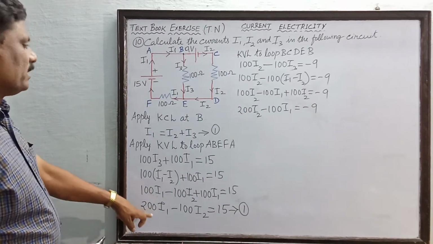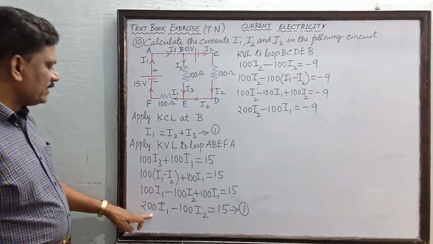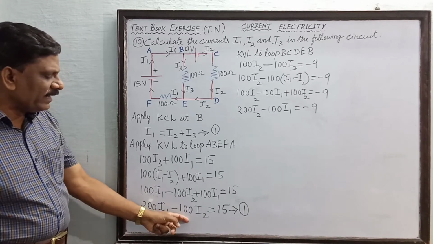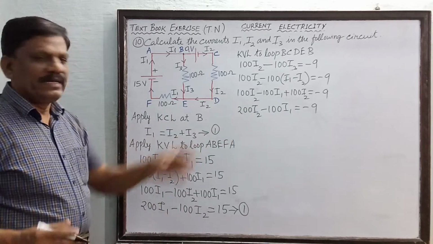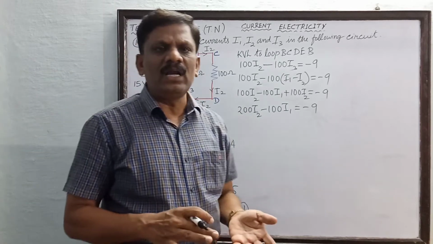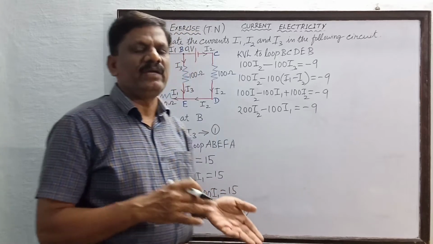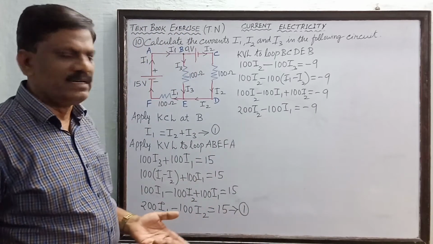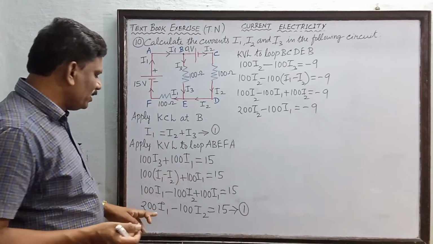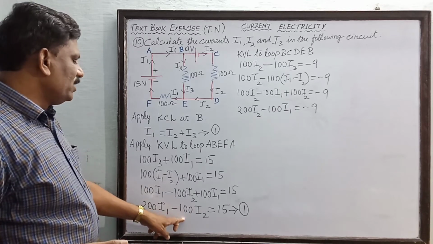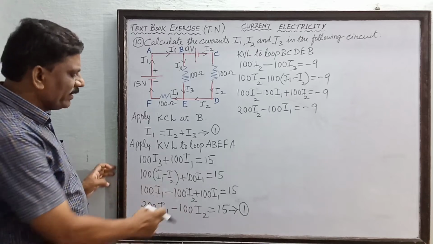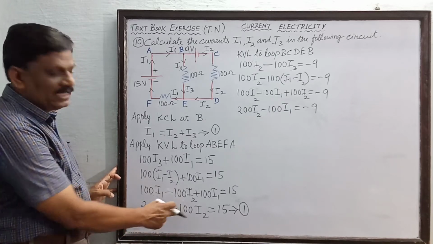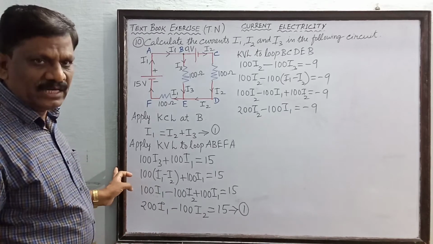So here, this equation here, you will see that 200 I1 minus 100 I2 is there. So if you add, you can eliminate either I1 or I2. If you eliminate either I1 or I2, the other current can be easily found. So 200 I2, here 100 I2 is there. Okay. So we can multiply the first equation by 2, or the other way also.